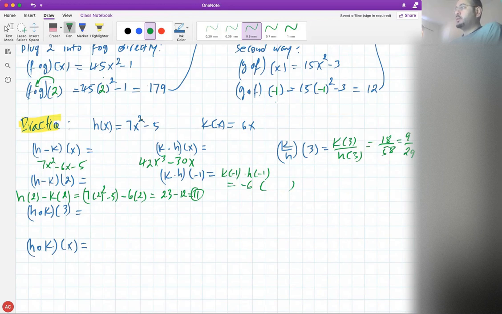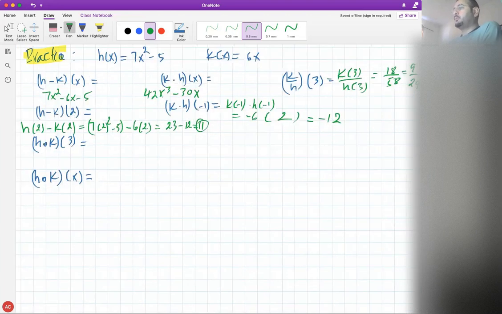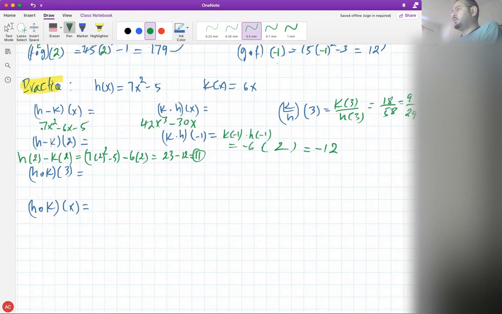Negative 1 to the second is 1. 1 times 7 is 7. 7 minus 5 is 2. So that's negative 12. Oh, negative times negative is positive, no? When you multiply, we multiply negatives. But this is a positive. Yeah, it's a positive number. So it's negative 12, sorry, thank you.